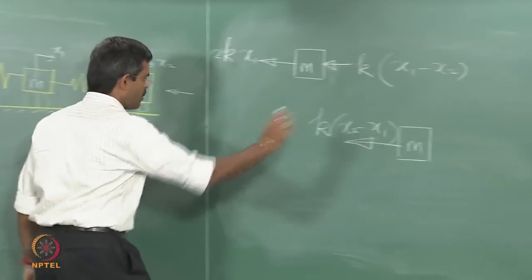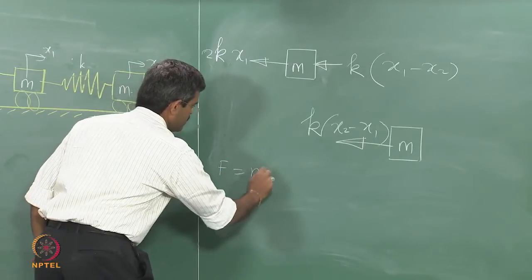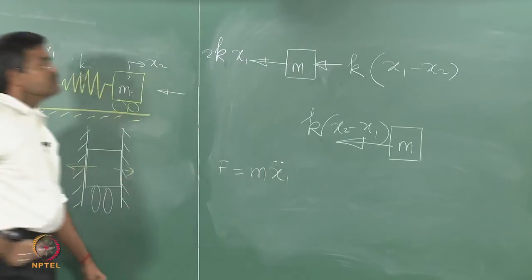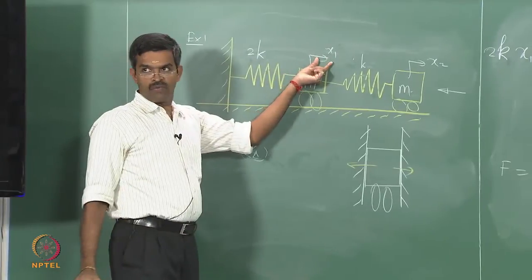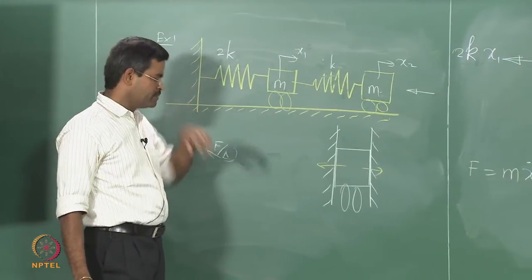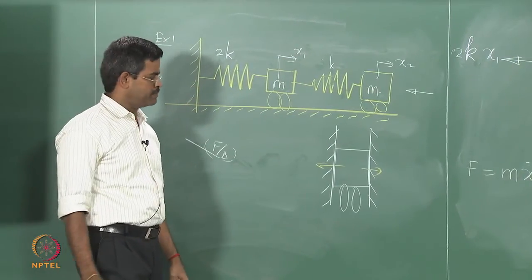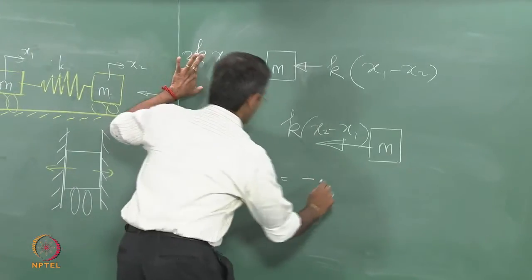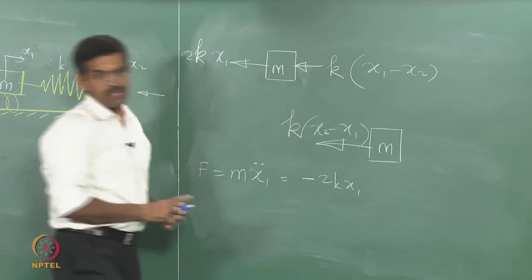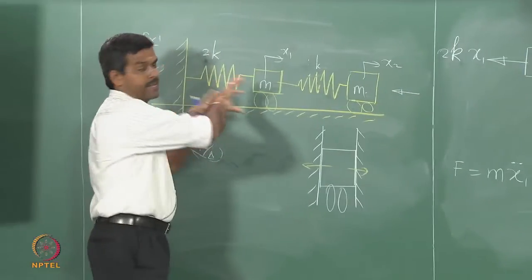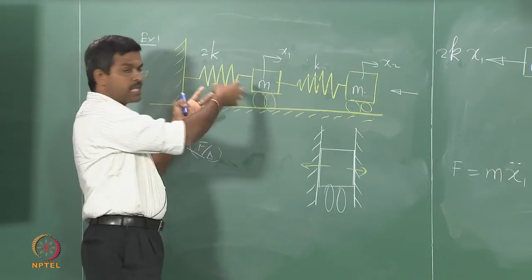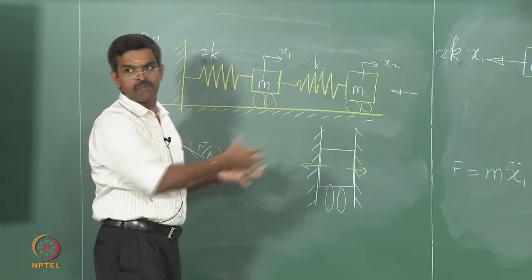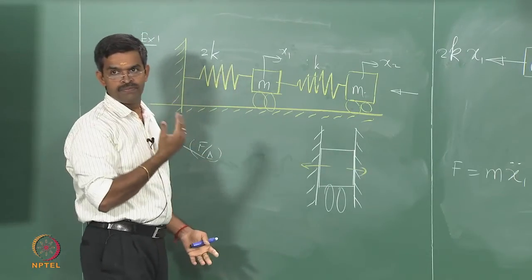I want to write Newton's law, force is mass times acceleration. Because the displacement is x1, x1 double dot will be my acceleration, the second derivative of displacement, which will be given by minus 2k x1. Why minus? Because I have given the force to the right, but the spring is bringing it to the left. I have to algebraically express this, D'Alembert's principle.